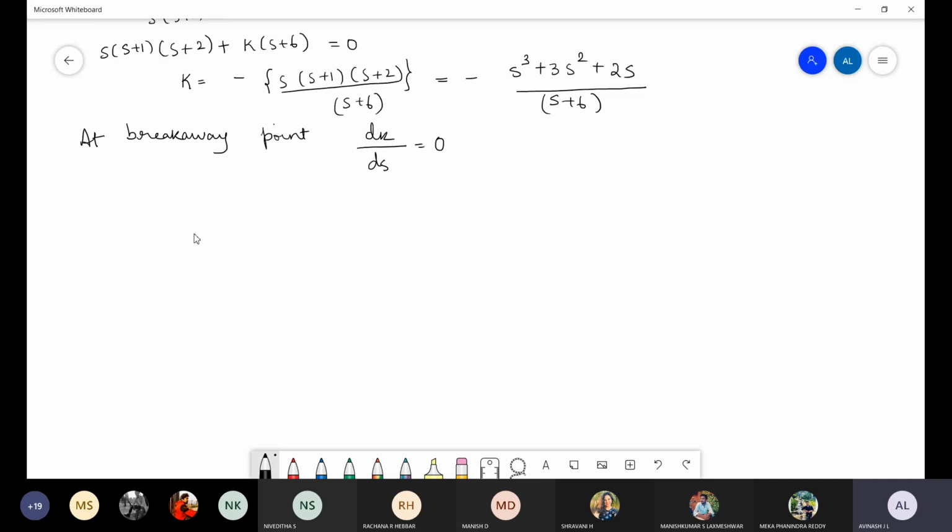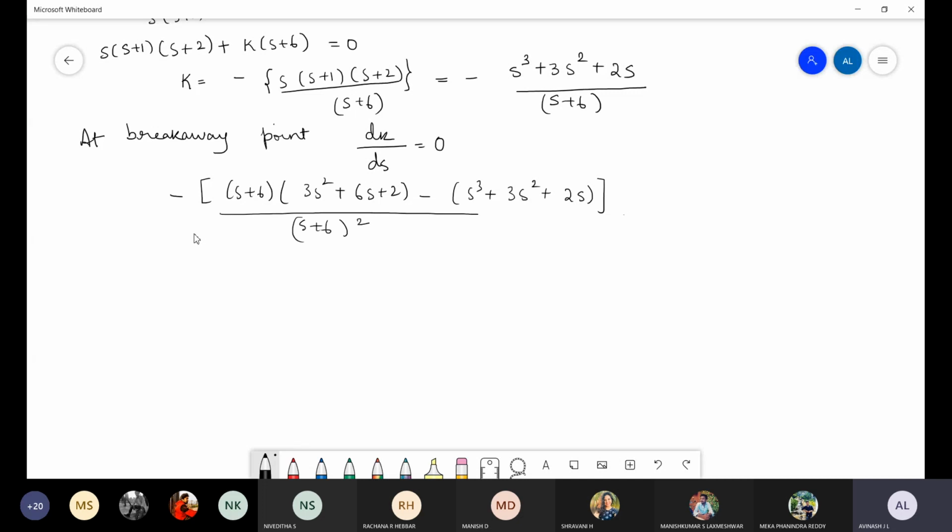Once you differentiate, you will get minus of (s plus 6) into (3s square plus 6s plus 2) minus (s cube plus 3s square plus 2s), whole divided by (s plus 6) whole square, that is equal to 0.